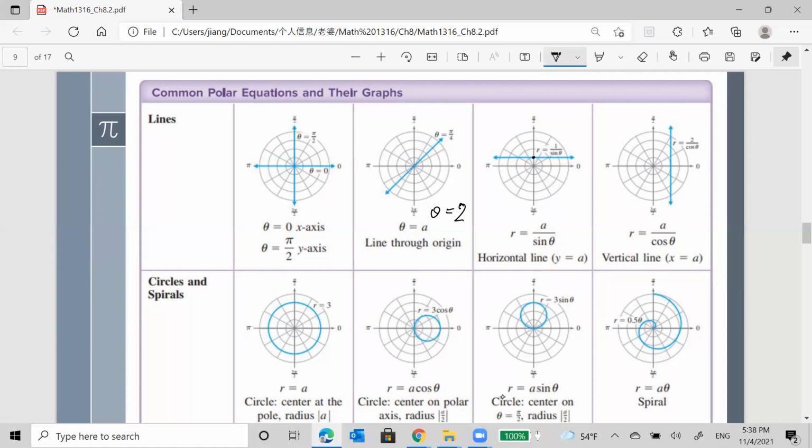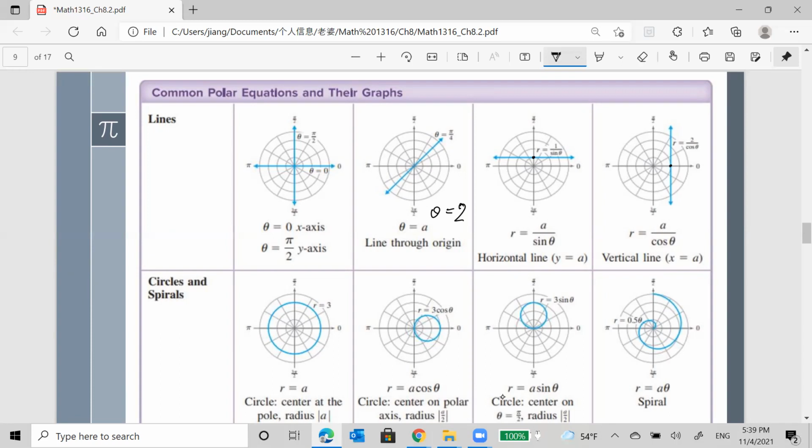This vertical line is a over cosine theta, and then the intersection here equals a. It all depends on the a. If a is negative, I have a vertical line here, and this intersection is the negative a's value.